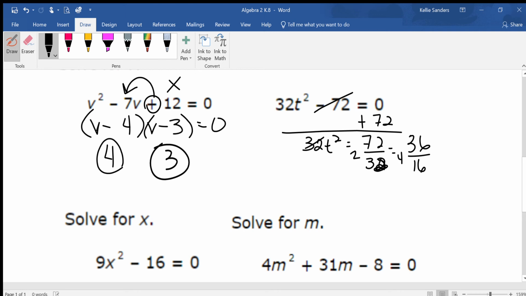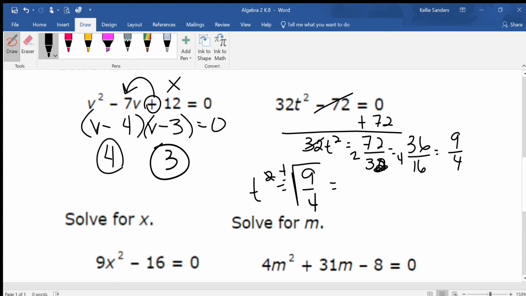That reduces by 4 and gets 4 over 9. So t squared equals 9 over 4. That's like 4 over 9. And then we plus or minus the square root of that. So we have a positive 3 over 2 and a negative 3 over 2, because the square root of 9 is 3 and the square root of 4 is 2.